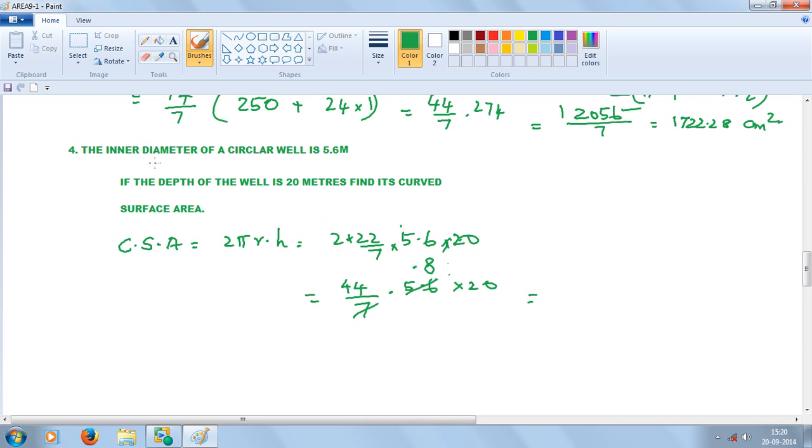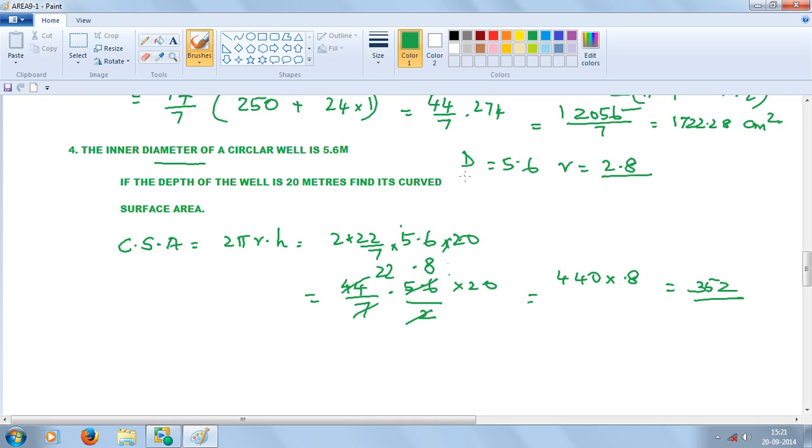Its diameter, the inner diameter of the circle, is 5.6.